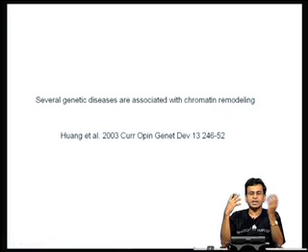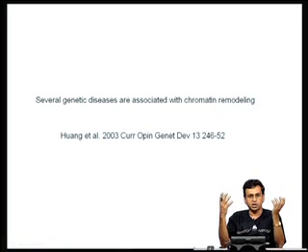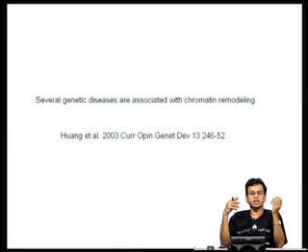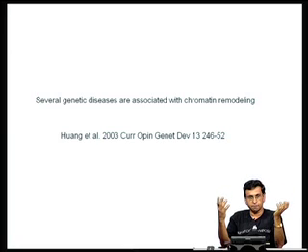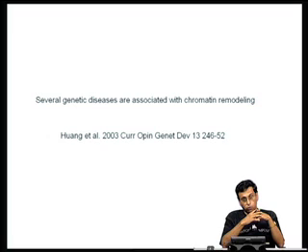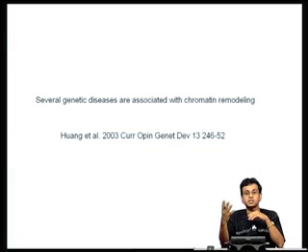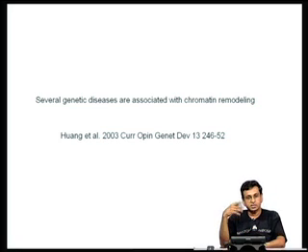And one can ask the question, what is the relevance of studying all this chromatin remodeling? Does it really have any bearing on human health? Just as I told you that mutations in DNA methyltransferases can result in the manifestation of genetic disorders, clearly indicating that DNA methyltransferases play a very important role in a number of genetic disorders, similarly, there are also several genetic diseases which have been associated with chromatin remodeling.